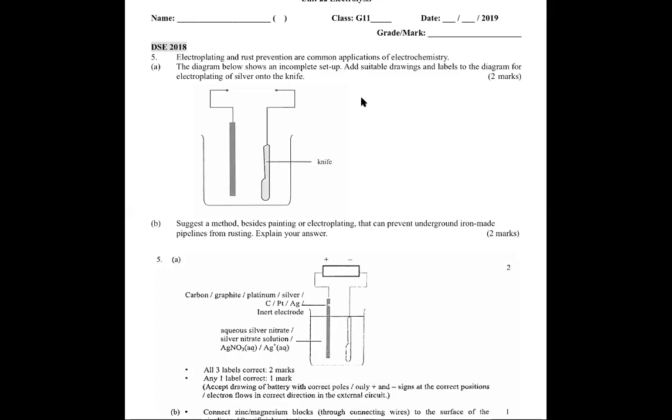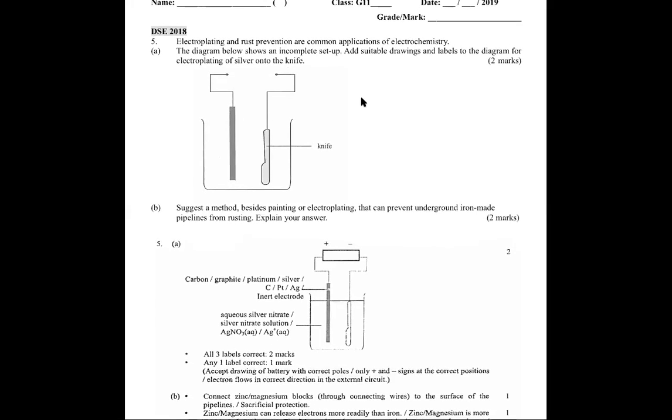Okay, so the answer given to you, you should label the silver rod. Better use the silver rod because it can replace the silver ion in the electrolyte. However, as I have explained for the MC question, you can also use the inert electrode.